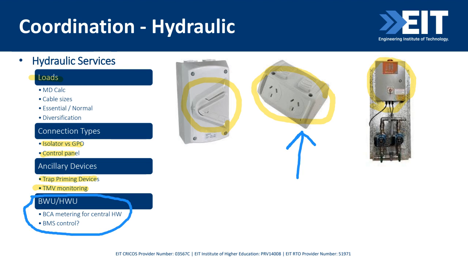Or maybe we need to provide a time clock control so it only turns on and off at certain times. There could even be the scenario where all three disciplines need to coordinate. We provide a power supply that's controlled by the BMS, which is mechanical, that services a hot water system by hydraulic. So in that case, all three disciplines need to coordinate together to make sure we have that covered.